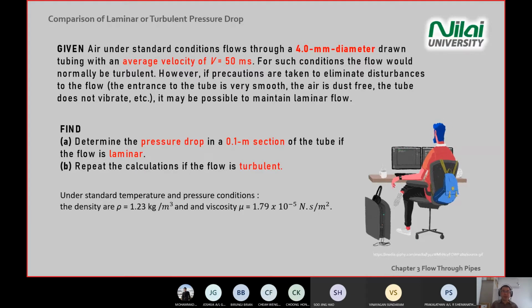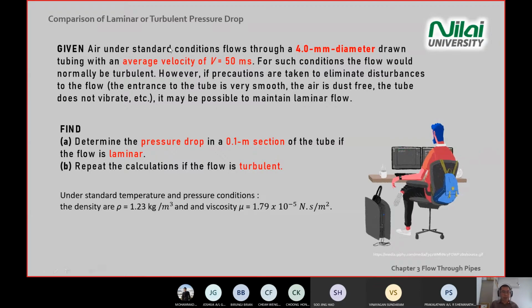It means we conduct all our experiments at that particular temperature and pressure so that the data can be compared. This term, standard condition, is also very sensitive, so be careful when you write your report, in your final year project report, or in a normal lab report.